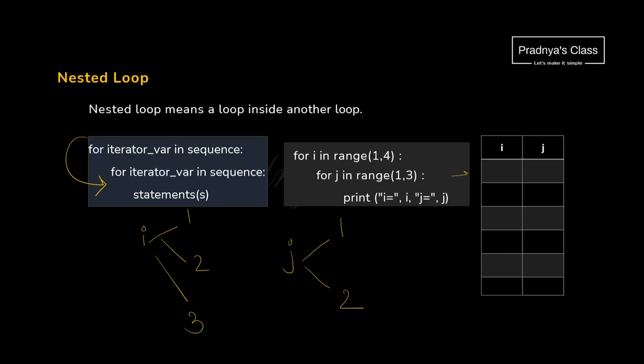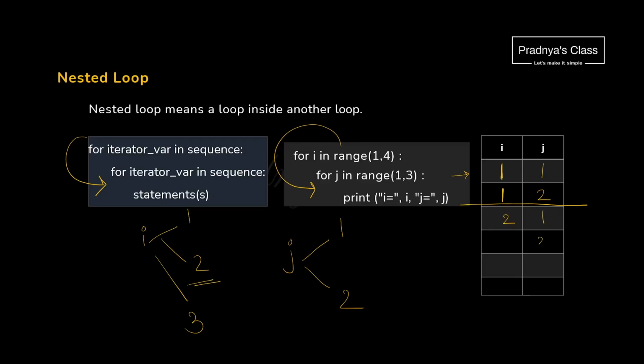Alright then, let's check out the execution using a dry run table. The first value of i will be 1. The control will come inside and the value of j will be 1, and in the next pass the value of j will be 2. i will be as it is, 1. Now let's move ahead. Next time the value of i will be 2.